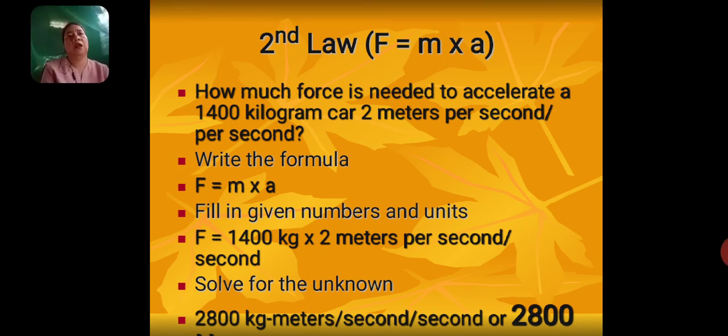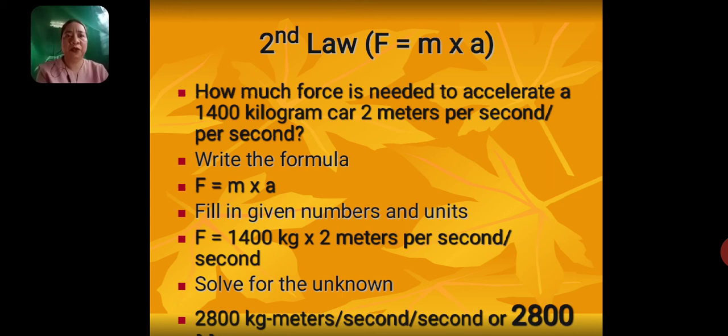So I have here a sample problem that I want you to analyze for you to understand Newton's second law of motion. The question is, how much force is needed to accelerate a 1,400 kilogram car at 2 meters per second squared? So what is the first thing that you should do?